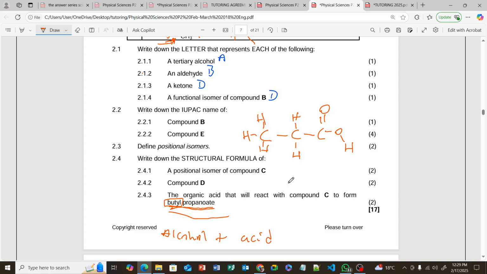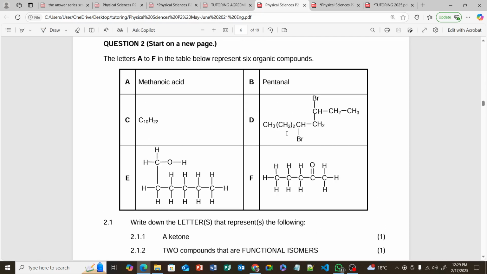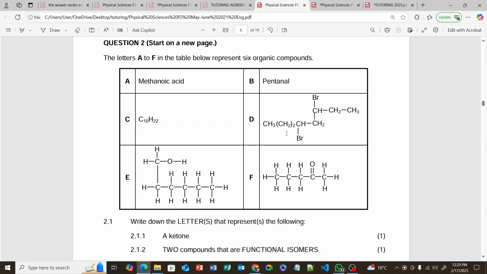Okay, so yes, this will be the end of this question. Now to challenge you, attempt this particular question. It's similar to the one that we just did.